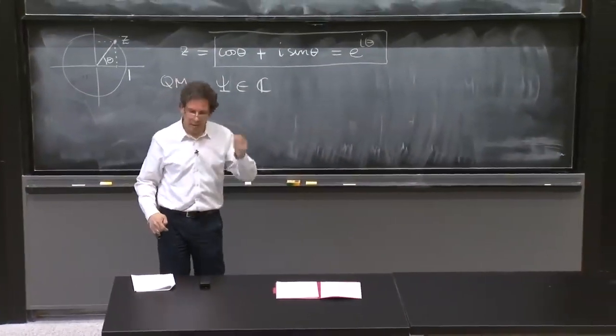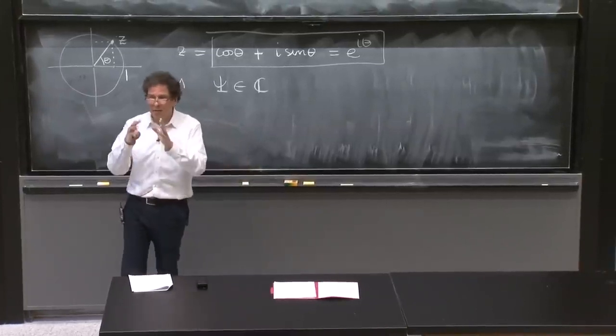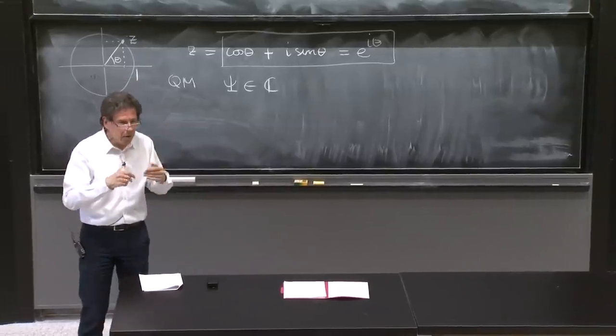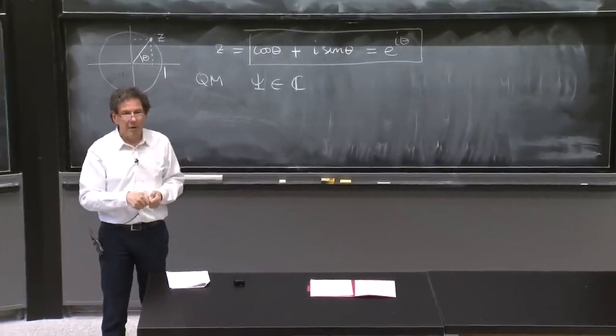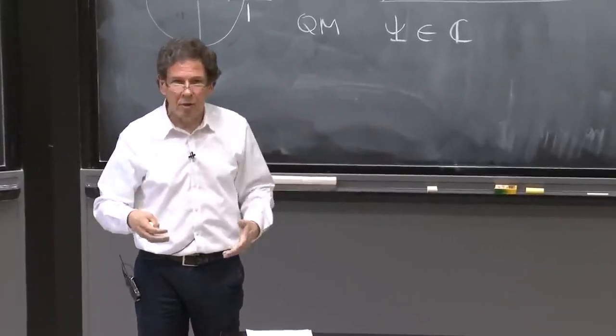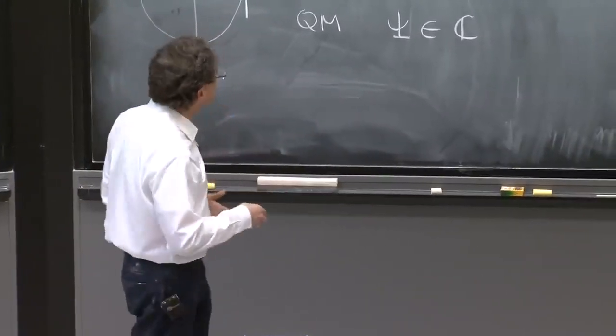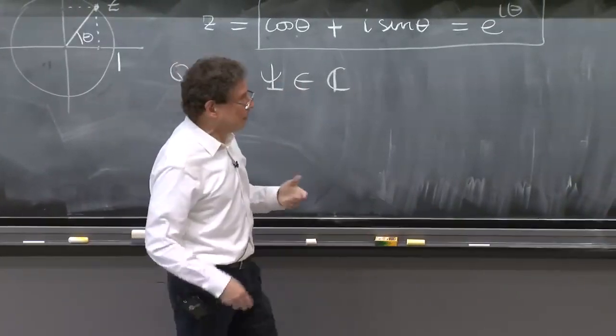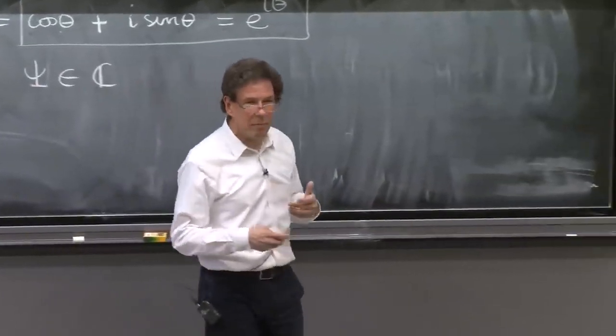They're not auxiliary. On the other hand, you can never measure a complex number. You measure real numbers: ammeter, position, weight, anything that you really measure at the end of the day is a real number. So if the wave function is a complex number, there was the issue of what is the physical interpretation.